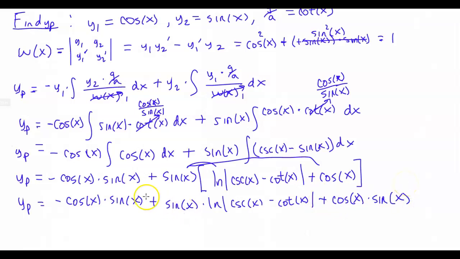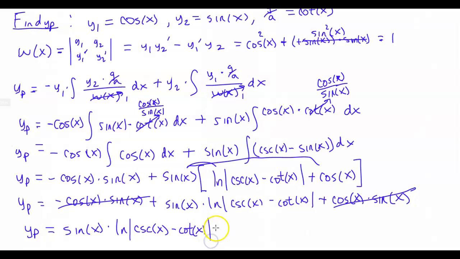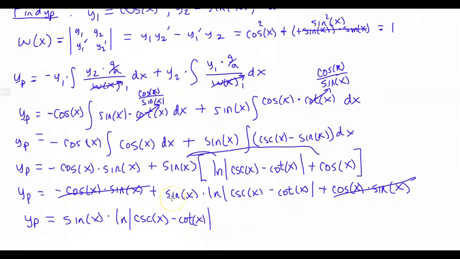Okay, so once we're here, we see that this first term and this last term end up canceling to 0. And what we have left is just the sine x times natural log of the difference in between cosecant and cotangent, all that in absolute value bars there. And that is our particular solution.